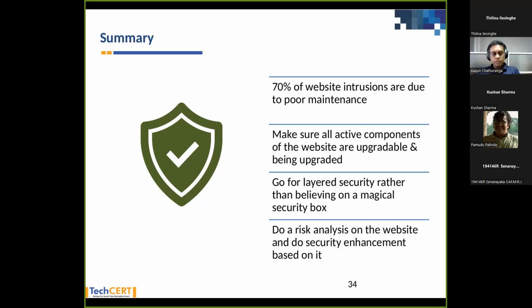And proper risk analysis of the website is recommended, and security enhancements based on it should be deployed, because sometimes common websites, and especially high-profile websites, are often associated with political risk, and attackers may try various hacktivist attacks on them. That is the end of my presentation.